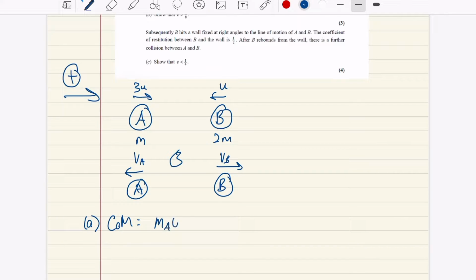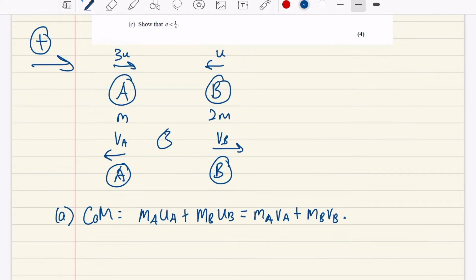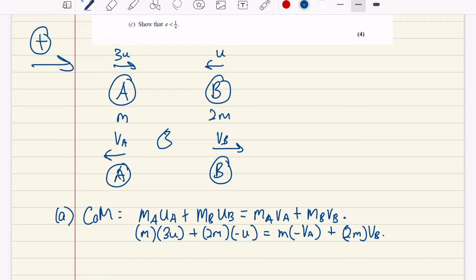So MA UA plus MB UB equals MA VA plus MB VB. MA is m and UA is 3u, plus MB is 2m and UB is minus u since it's going to the left, equals m times minus VA because it's going to the left, plus 2m times VB.